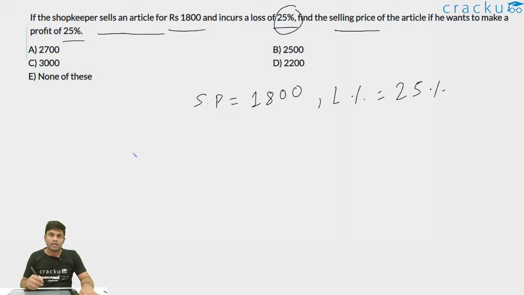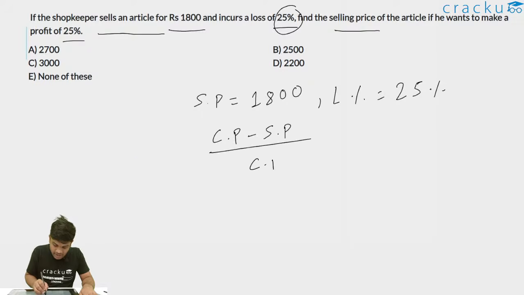Now we have to find the cost price. So we have a formula: cost price minus sell price divided by cost price into 100 is equal to loss percent. This is the formula for loss percentage, where cost price minus sell price represents the loss.